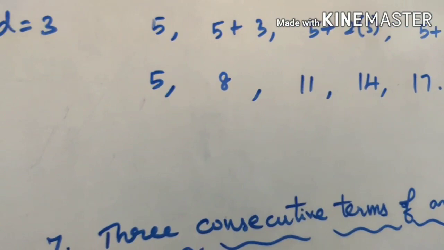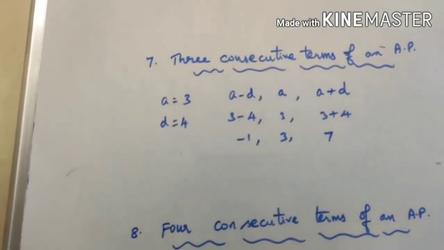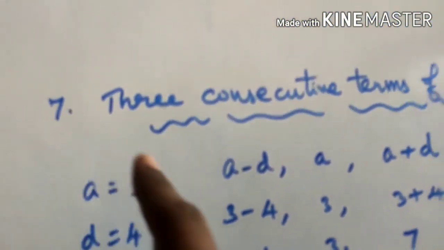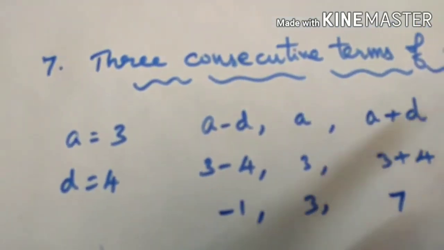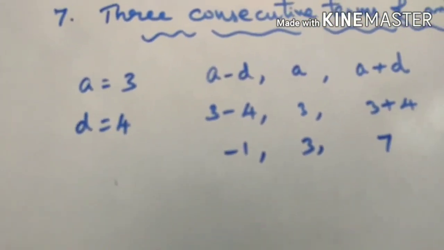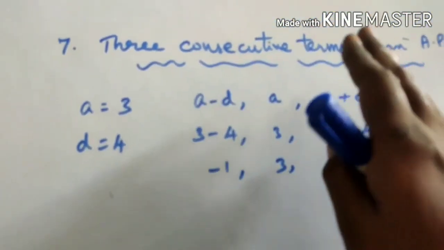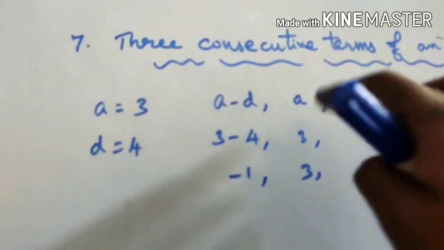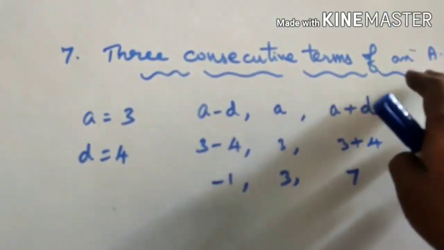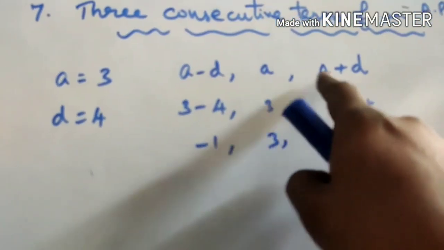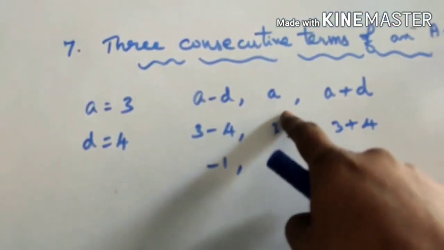Right. Next, three consecutive terms of an AP. Three consecutive means one after another. So three consecutive terms in an AP will be in this form only: a minus d, a, a plus d.